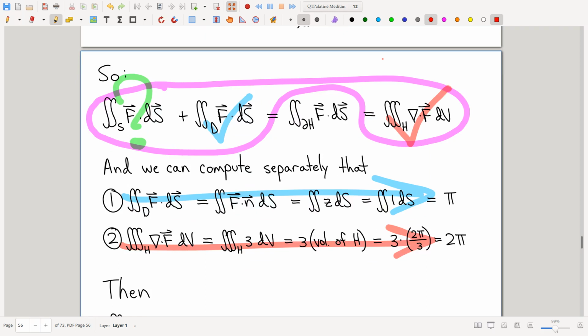By closing the surface, by taking my original surface S and adding an additional surface in order to make it a boundary, invoking the divergence theorem, I've related the thing that I'm interested in to the blue integral and the red integral, both of which are easy. And therefore, simple subtraction, and I can compute what I'm actually interested in.